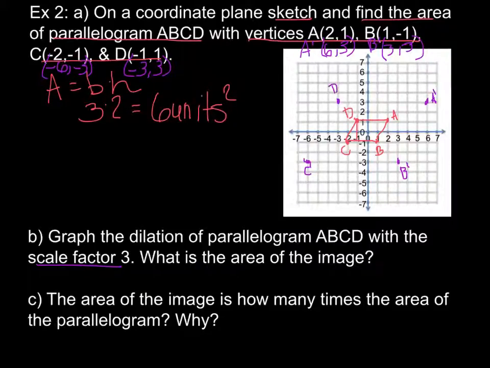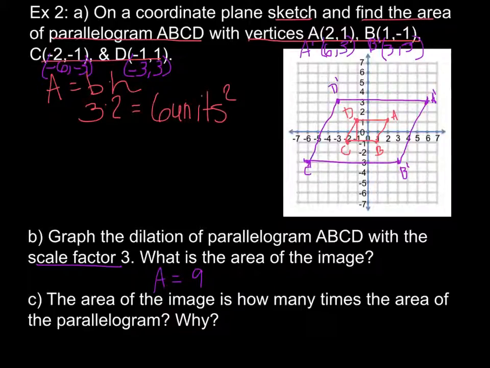That's D prime. Connect our vertices again. And again, we're asked to find the area of this image. So we just count the boxes in between C and B. 1, 2, 3, 4, 5, 6, 7, 8, 9. So our base is 9.